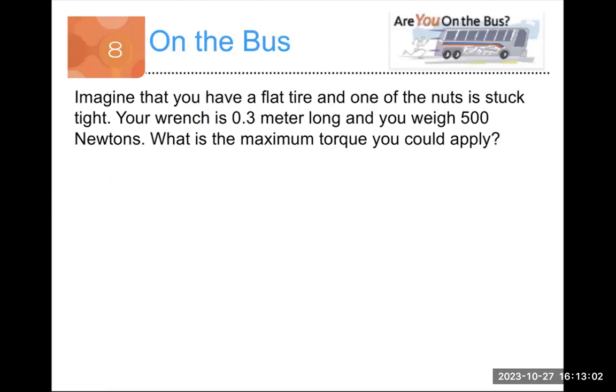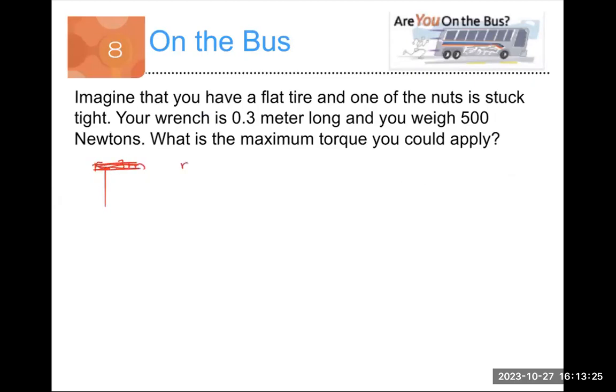Okay, let's try our problem. In this one, they want you to imagine that you have a flat tire and one of the lug nuts is stuck tight. Your wrench is 3 meters long. So R is going to be 3 meters. Let's redo that.